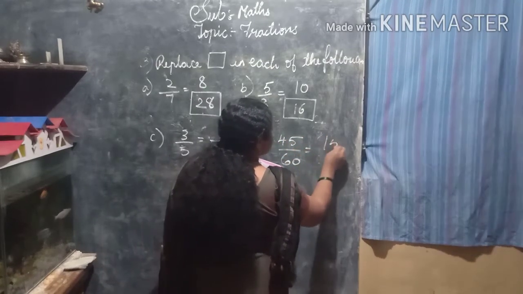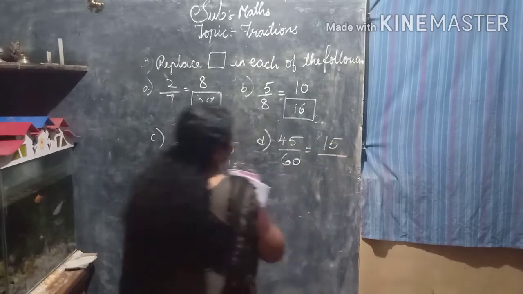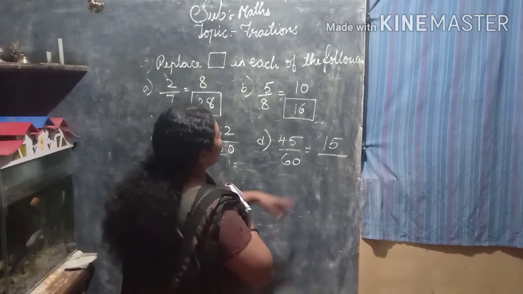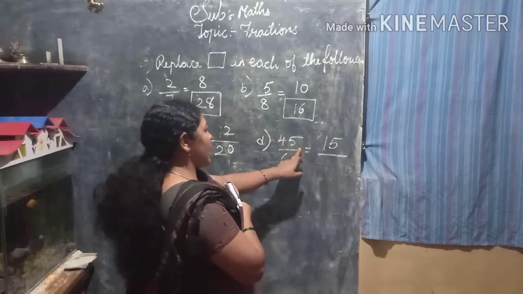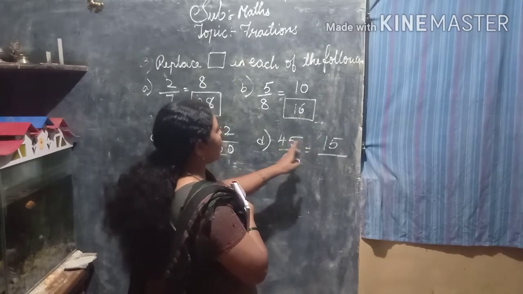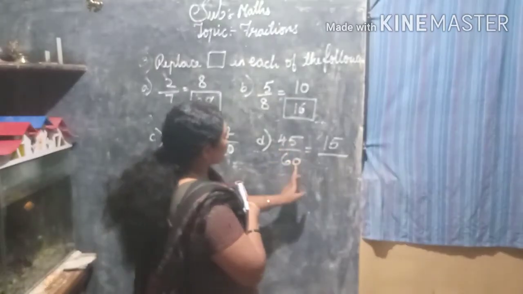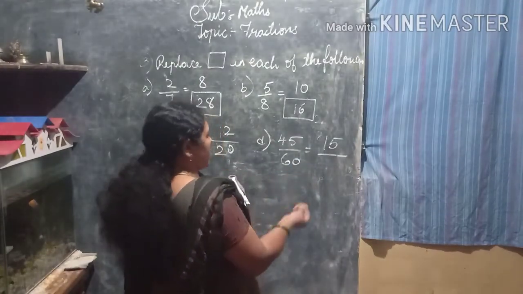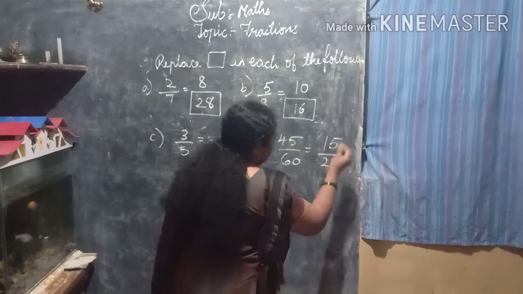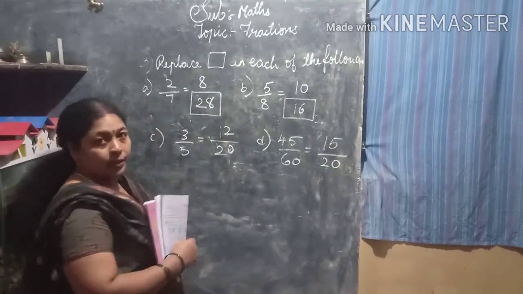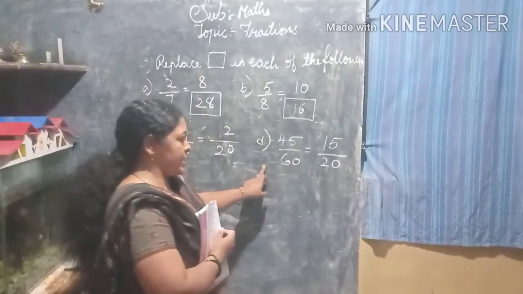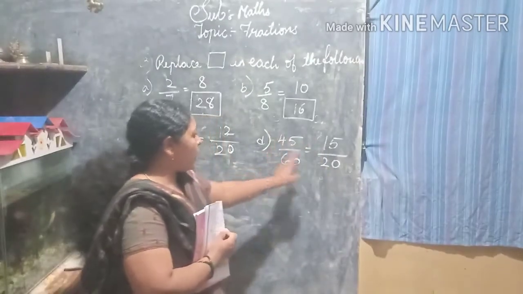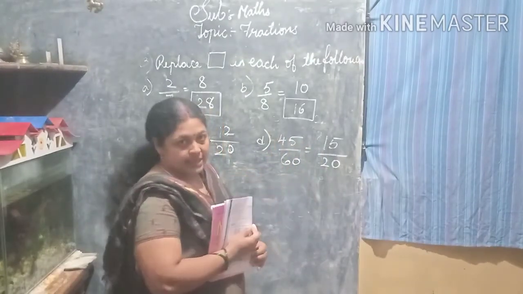So here it is 15. 15 threes are 45. So what could be this? 60 has to be reduced by 3. So you will get here 20. 15 threes are 45. 20 threes are 60.